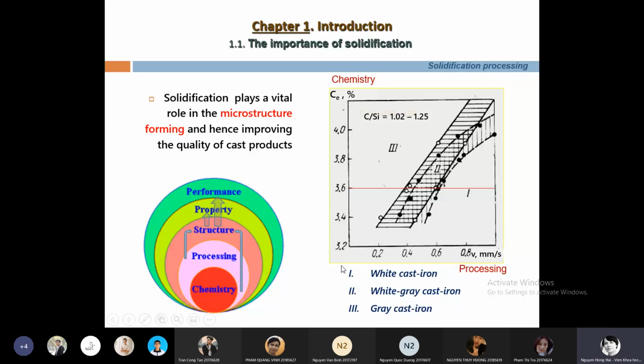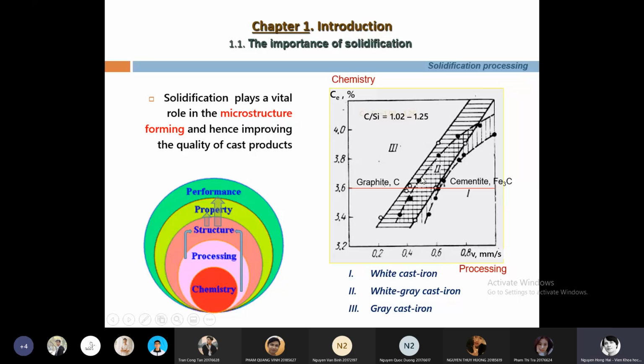If the solidification rate is low, we have carbon in the form of graphite, and we have a gray cast iron. And if the solidification rate is high, we have carbon in the form of cementite, and you have the white cast iron. And gray-white cast iron is in the middle.